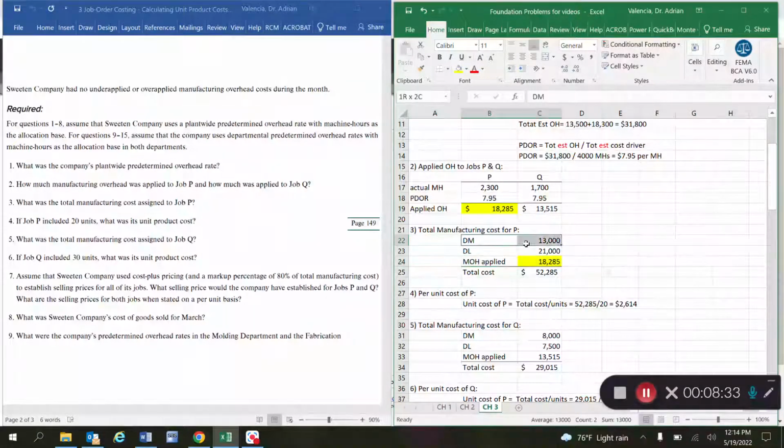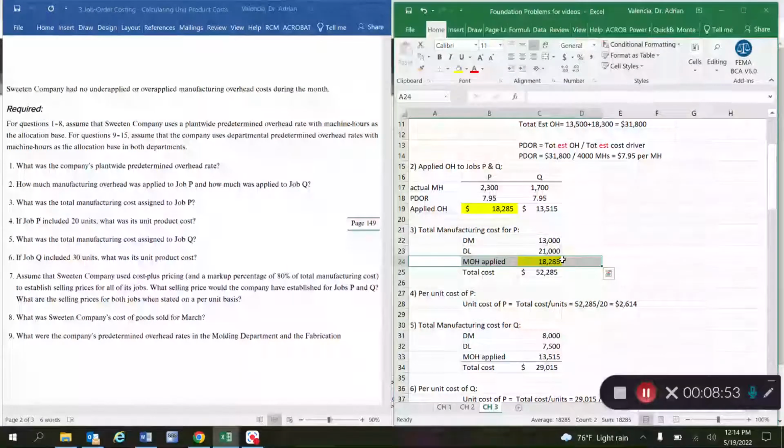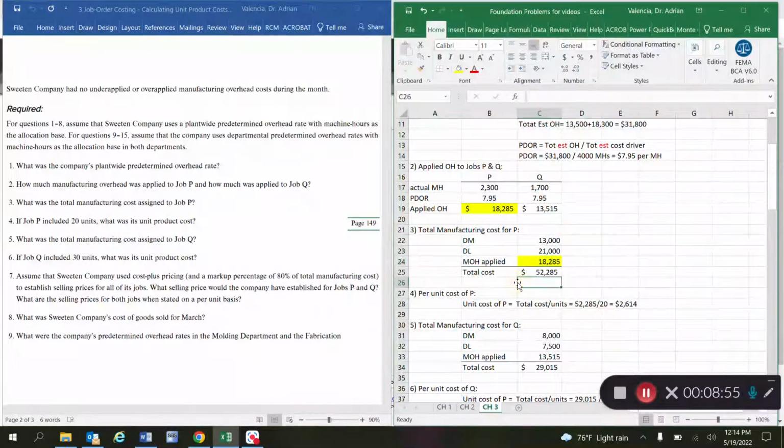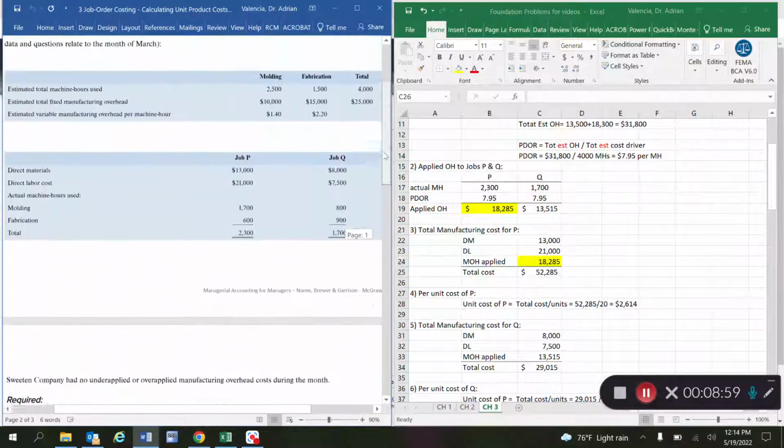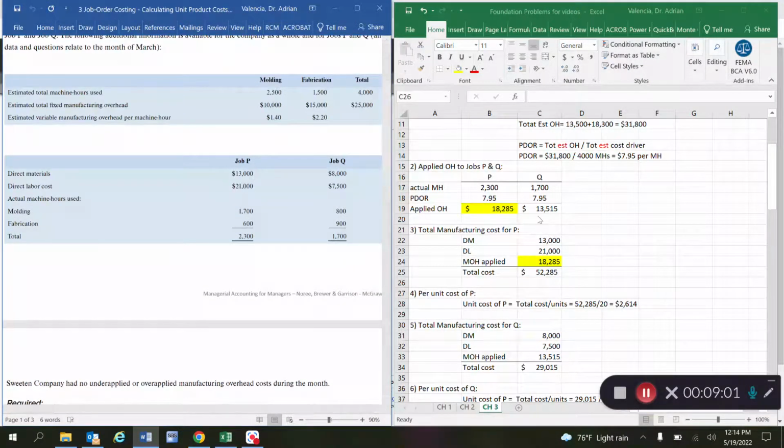Direct materials and direct labor, those are not tricky. Those are the actual amounts. It's whatever materials you use up, it's whatever labor you incur. And based on that, that's straightforward. But the manufacturing overhead is not as straightforward as direct materials and direct labor. That's why we need to estimate this ahead of time. Overall, by the way, the direct materials actual information is just given to us. Okay, that's 13,000 and 21,000.